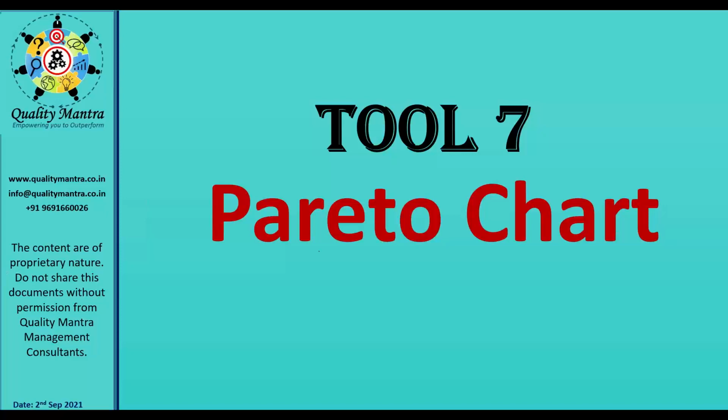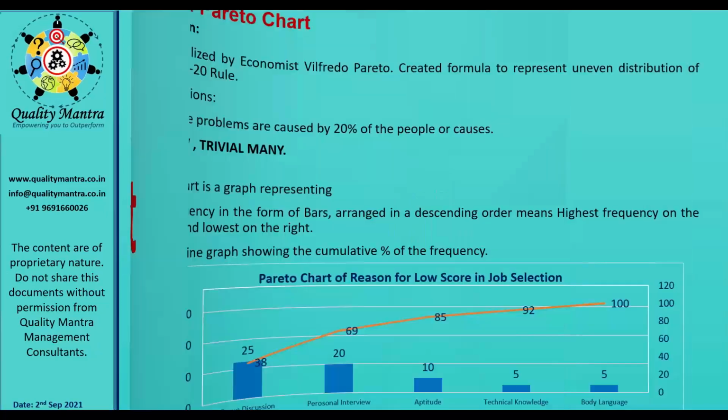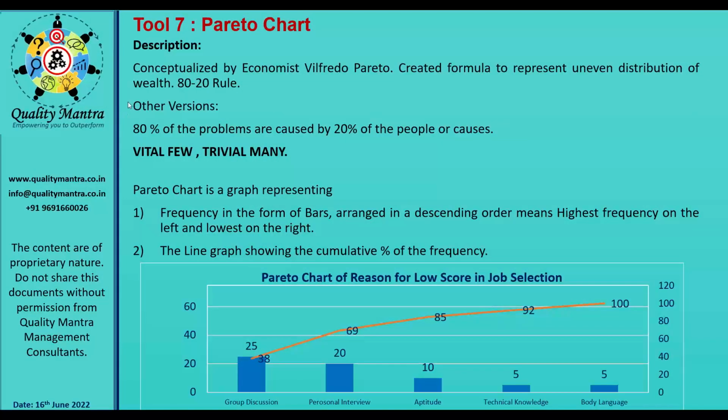Tool number 7, Pareto chart. The Pareto, as the name suggests, is named after the economist, not a statistician, Vilfredo Pareto. He conceptualized this, and initially he created the formula to represent the uneven distribution of wealth within society.